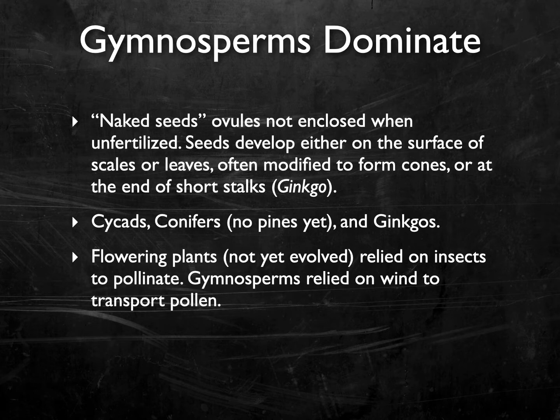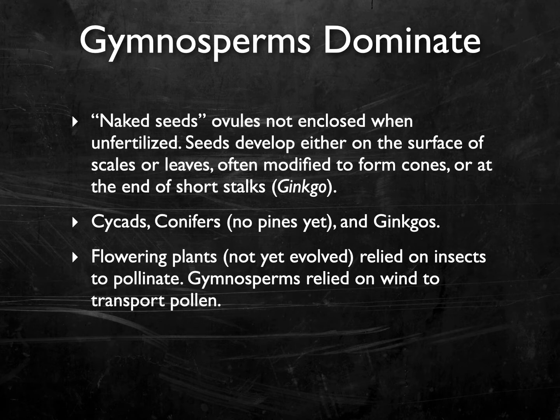In today's world, the Cenozoic, if I asked you to go outside and find me a plant, like 98% of whatever you brought me back would be a flowering plant. Even grass is a flowering plant, and it's got very, very tiny flowers. In fact, just about every single tree you would grab a leaf off of is a flowering plant. They have very tiny flowers. A lot of us are allergic to their pollen.